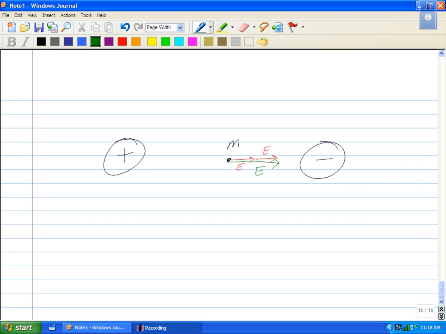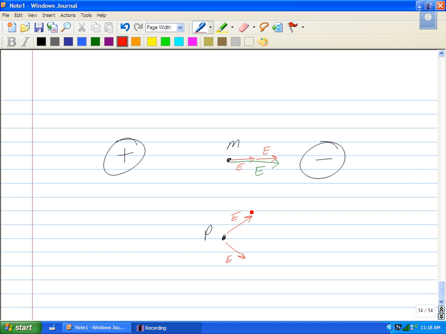Let's pick a different point and see what happens. Let's come down here. Call this point P. I'm going to move the label for P on the other side. And what's the field due to the positive charge? In which direction? Down and right, because it's away from the positive charge. And the field due to the negative charge is up and right, because it's towards the negative charge.